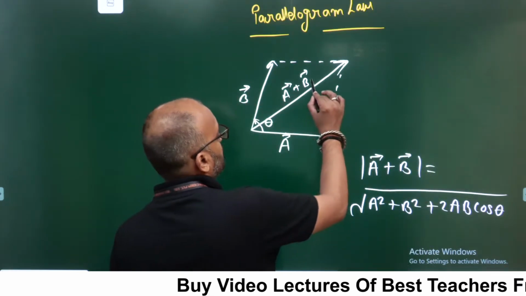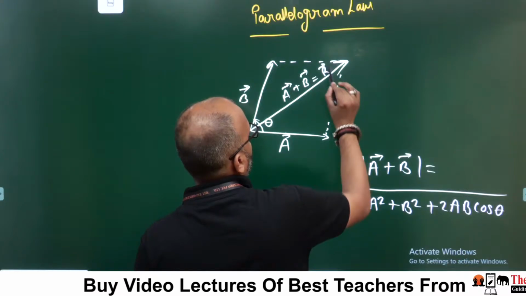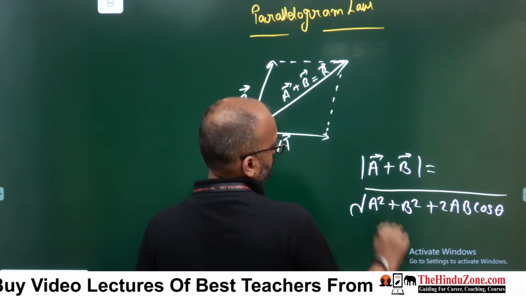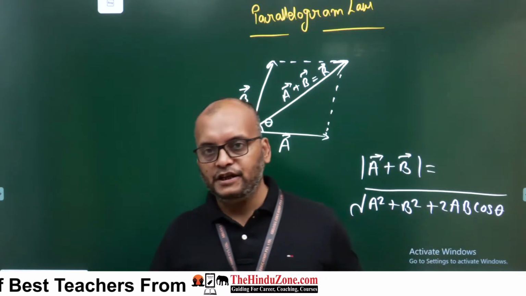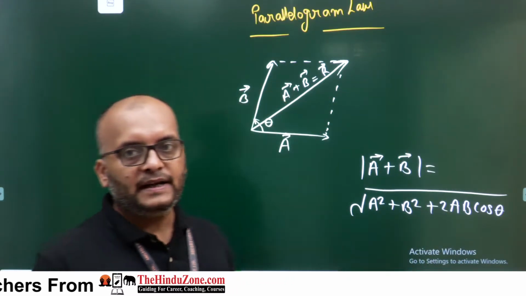Okay, this is the resultant. So you can say resultant magnitude of R or magnitude of A plus B, one and the same thing.